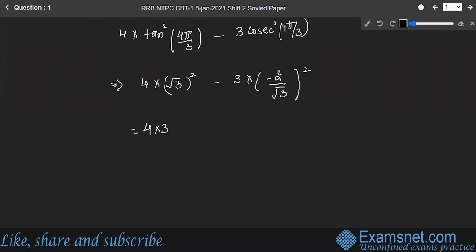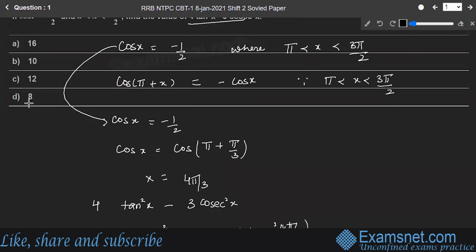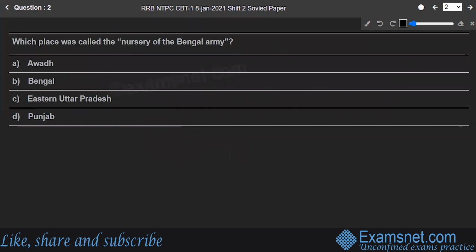Okay, sorry, the square of a negative is plus only. So 4 into 3, and for the second term, this will cancel and you will have 12 minus 4, which is equal to 8. So the required value is 8 and option D is the correct answer. Hope you understood that. Let's move to the next question.